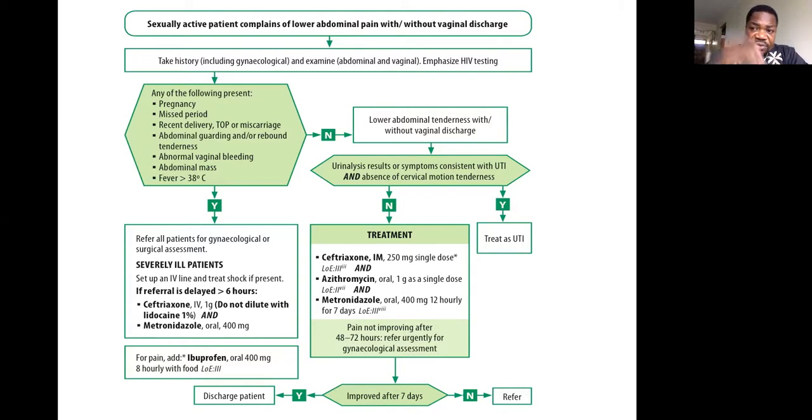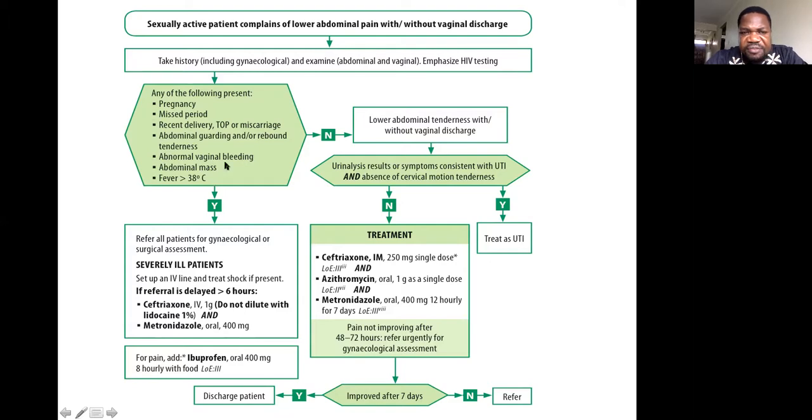You increase the dose of ceftriaxone. And if this patient can take treatment orally, you also add metronidazole 400 milligrams oral. You can also give ibuprofen oral 400 milligrams 8 hourly for the pain, because the pain might be too much.